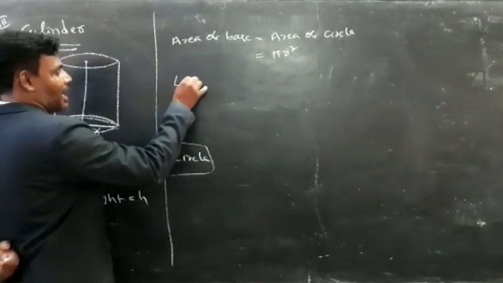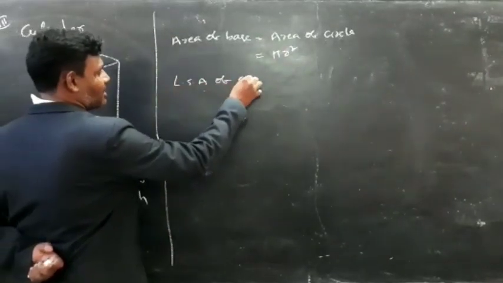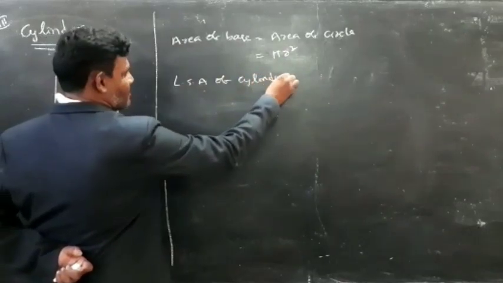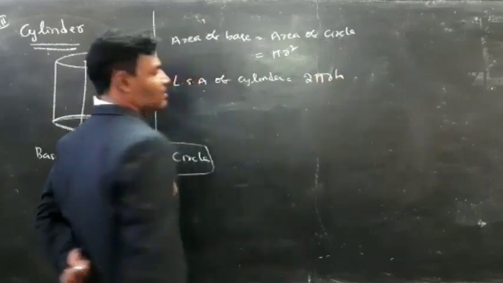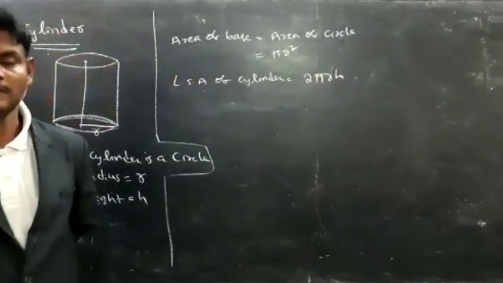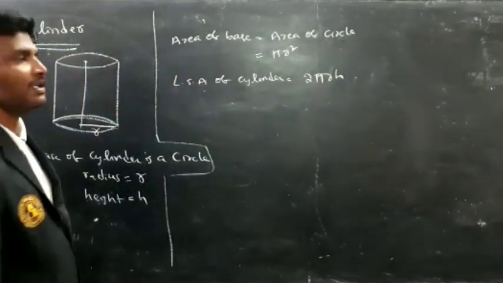Next I need lateral surface area of cylinder. What is the formula? 2 pi r h.